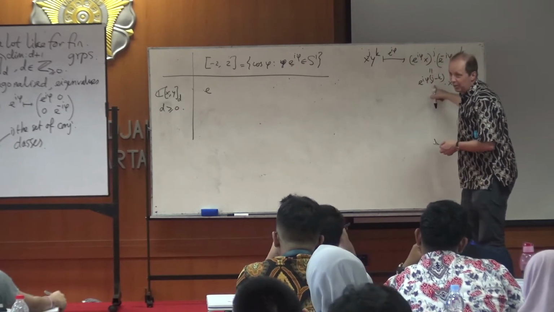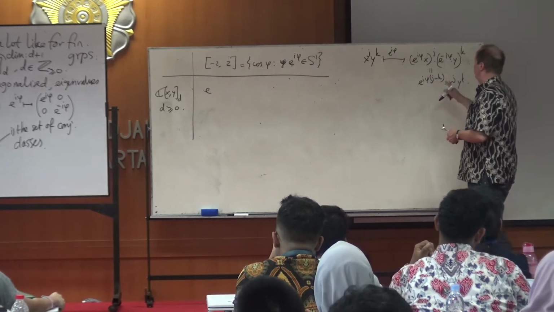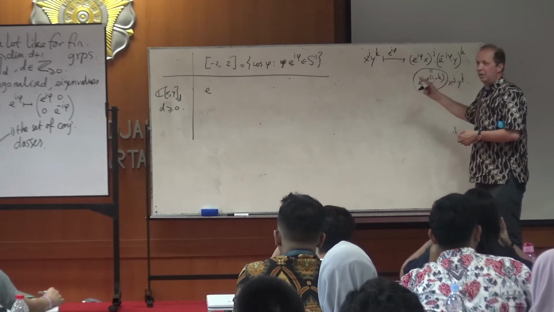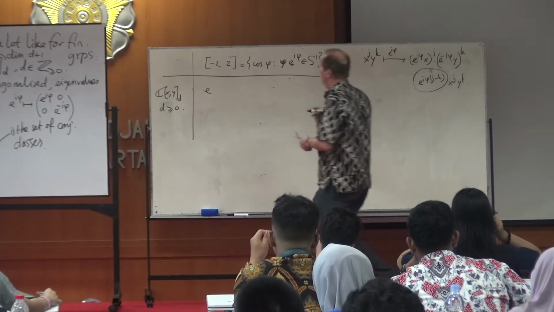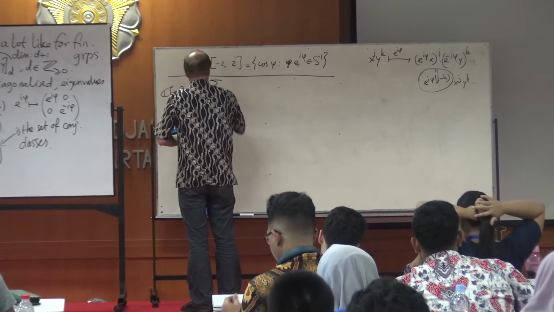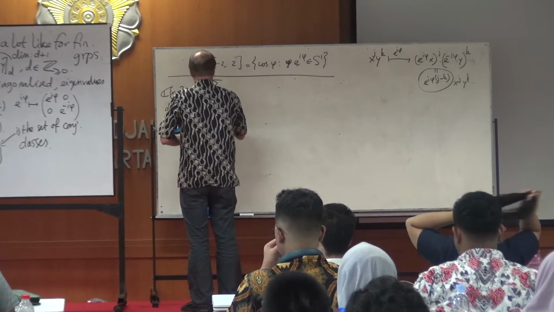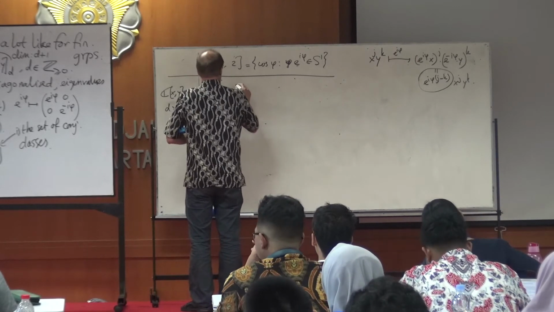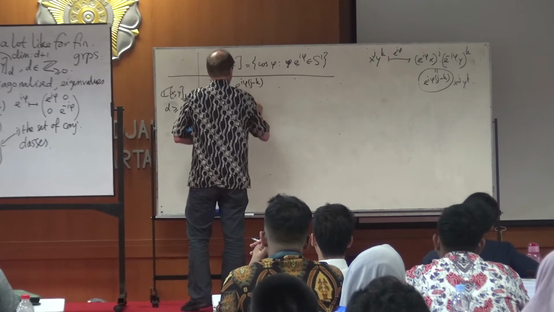And so to get the trace of my group element for this representation, I just have to sum these things over the j and k such that the sum is d, right? So I could write the sum over j plus k equals d, where j is greater or equal 0 and k is greater or equal 0, and then I get e to the I phi times j minus k, right?